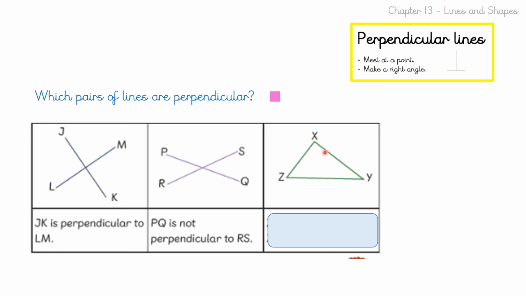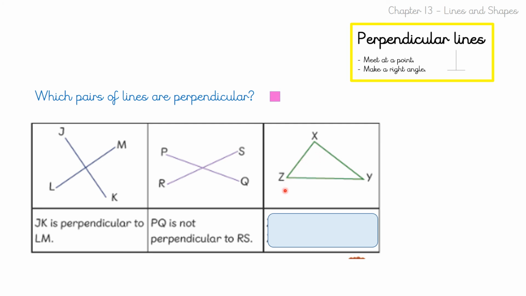It's quite tricky, but if we think that this is an L, then we can see that these 2 lines do make a right angle. We can mark it here with the little square that we talked about on Monday and last week. So you can see here a right angle.